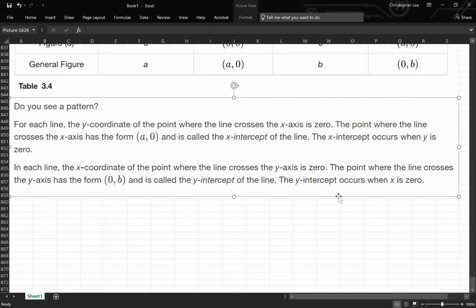In each line, the x-coordinate of the point where the line crosses the y-axis is 0, right? The point where the line crosses the y-axis has the form (0, b) and is called the y-intercept of the line, right? So the y-intercept occurs when x is 0. That's important. And then that's it.